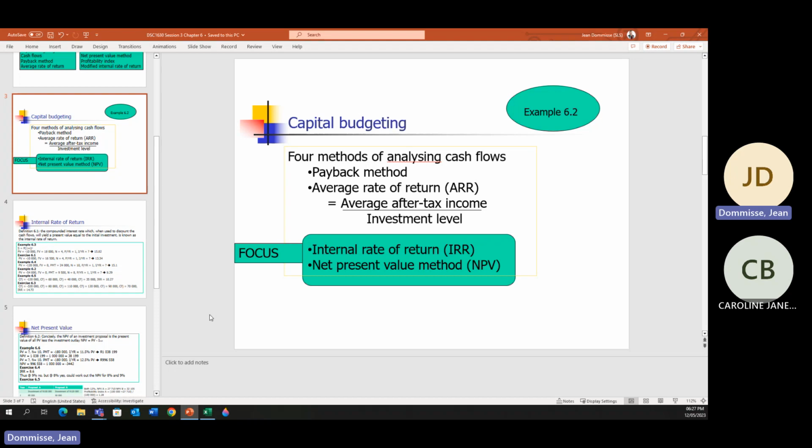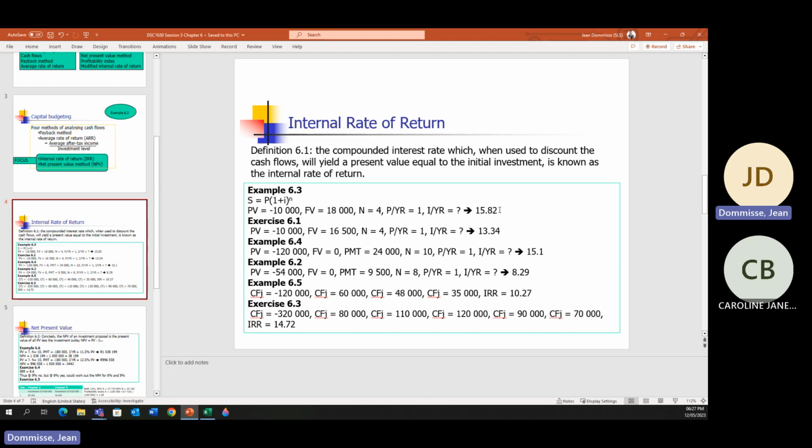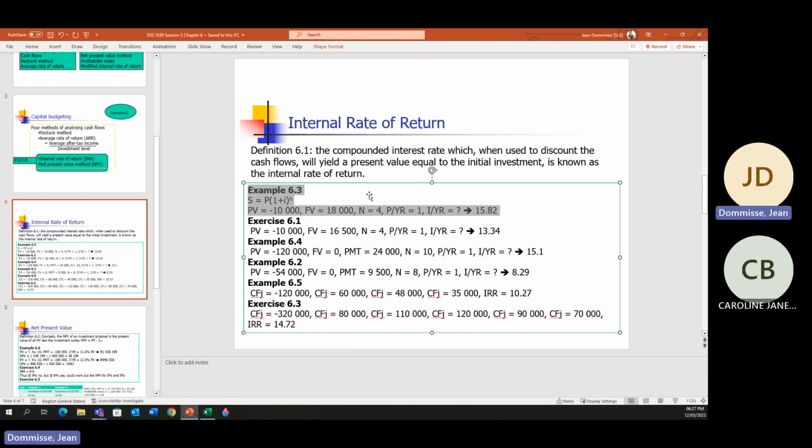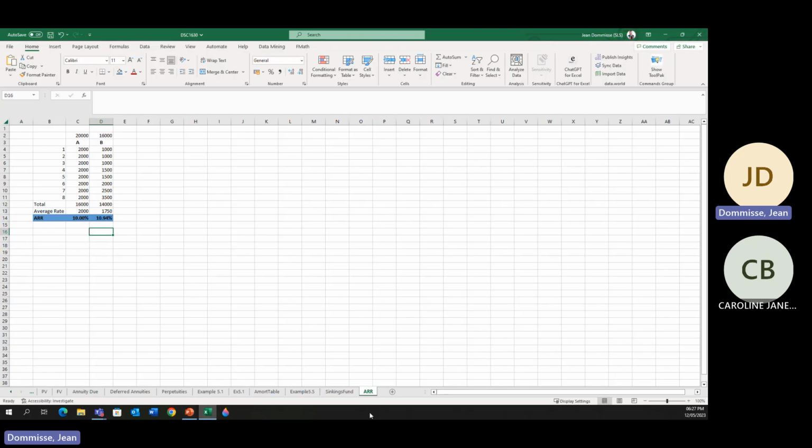You can look at the definition of what they tell you. There are some formulas in the study guide in chapter 6 for both the internal rate of return and the net present value. I would rather use Excel, so let's use Excel for that example.